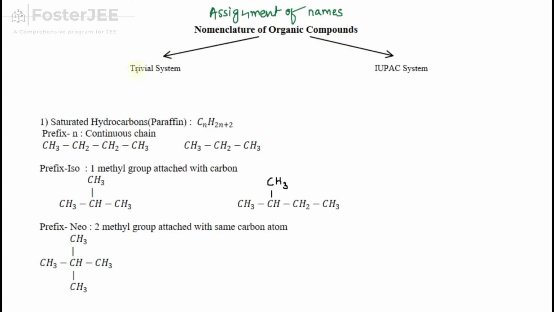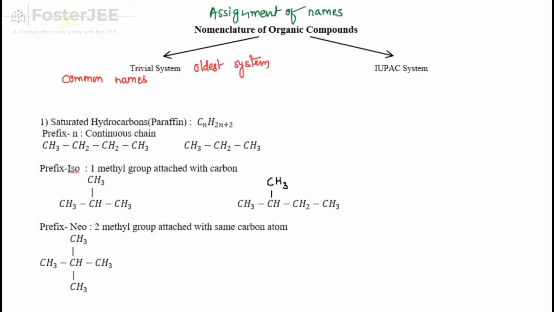The first one is the trivial system and the second one is the IUPAC system. It is pronounced as IUPAC system. Trivial system is the oldest system of naming a compound. So whenever a new compound was discovered, it was given an individual name. These are the common names of the compounds based on the source from which they are obtained.